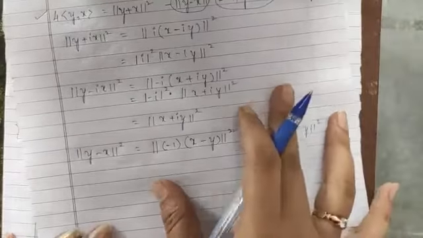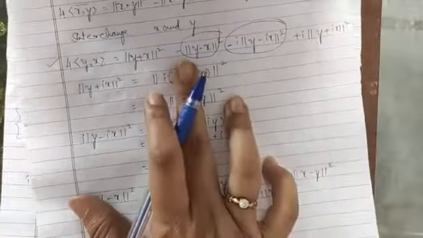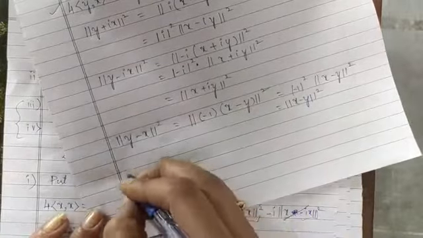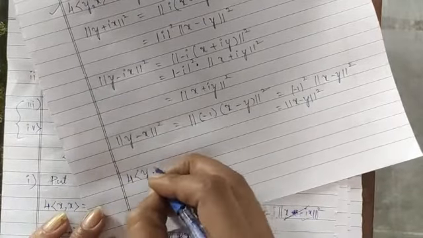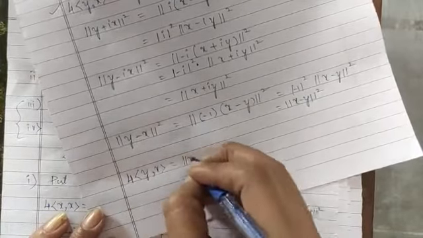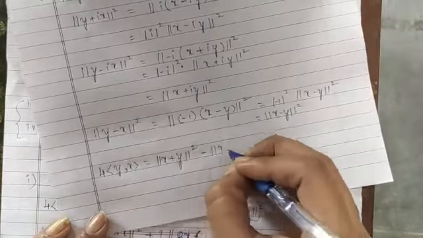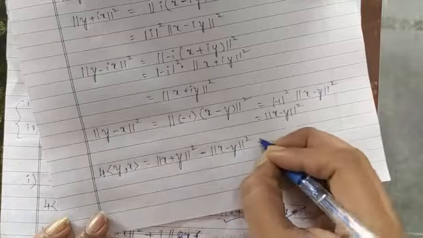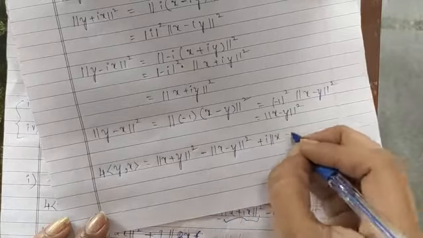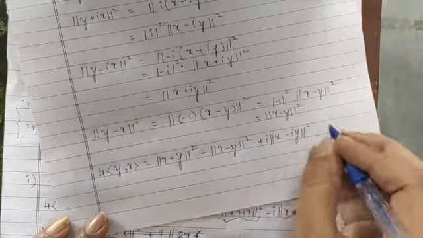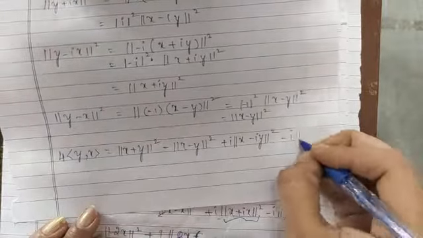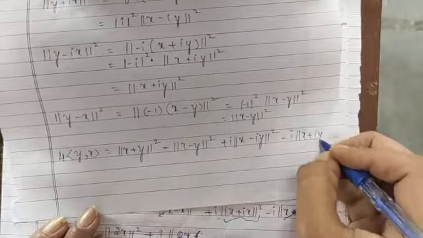So substitute these values here. You will get 4 into inner product of y comma x is equal to norm x plus y whole square minus norm x minus y whole square plus i into norm x minus iy whole square minus i into norm x plus iy whole square.